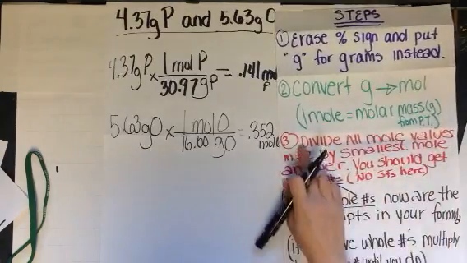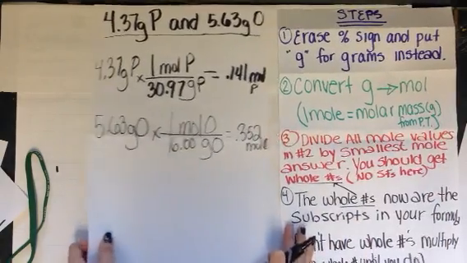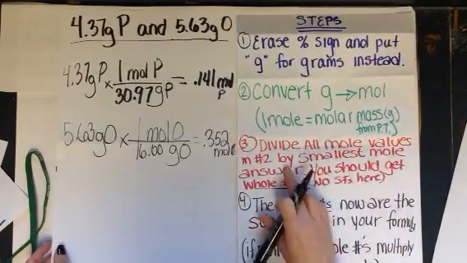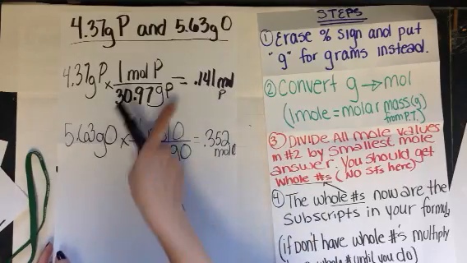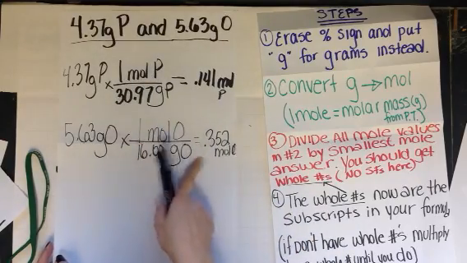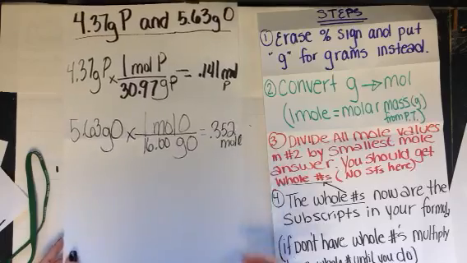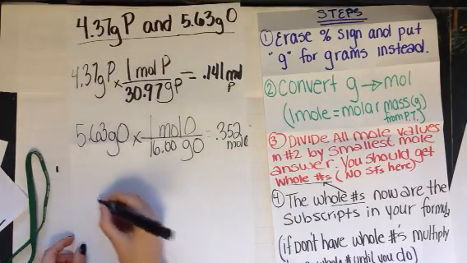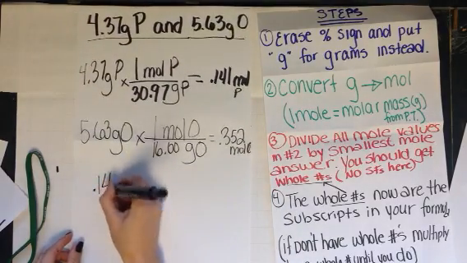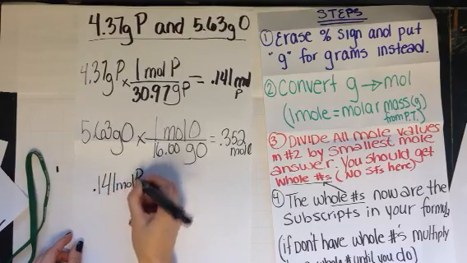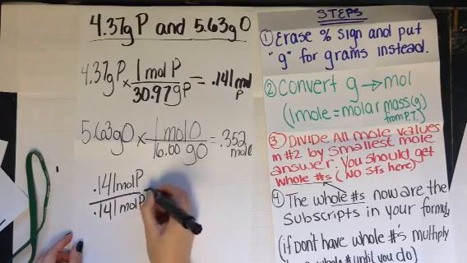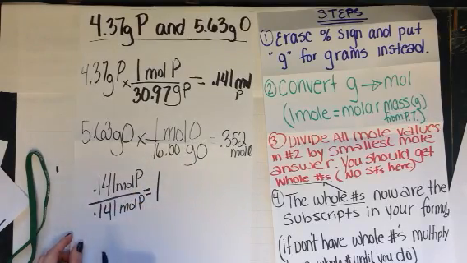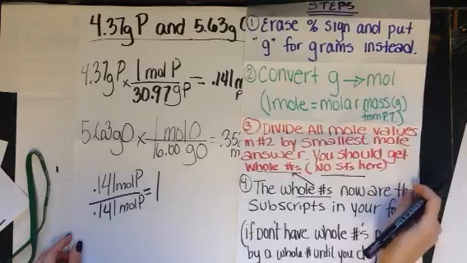Moving on to step 3, divide all mole values in number 2 by the smallest mole answer. And I should get whole numbers. So which one's smaller, 0.141 or 0.352? Hopefully you said 0.141. So I take 0.141 moles of P, divide it by itself, and I get a whole number, 1. No sig figs on step number 3. See that in my notes?